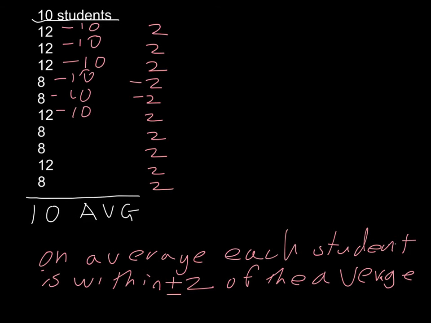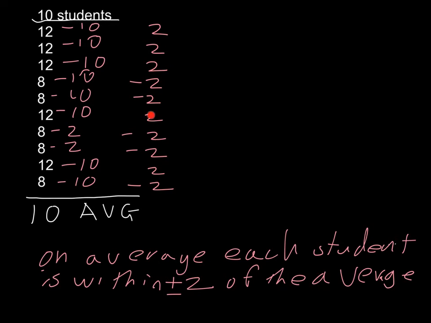Mathematically, it's going to be a little bit more complicated, complicated by the presence of these negative signs. You're in agreement with me that just looking at this little chart we see that our grades are within ±2 of the average. However, if I averaged this column outright, what would I get?